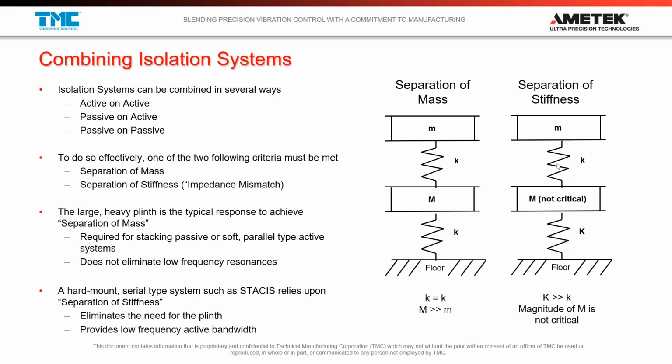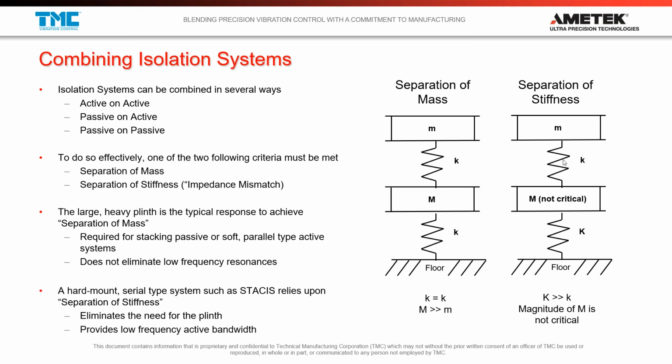You've got that impedance mismatch that you're looking for. And also, if this active system on the top portion is canceling payload motion or doing all sorts of other energy-inducing activities, it's important that you use a serial type system below it to filter out the noise that this active system is making.